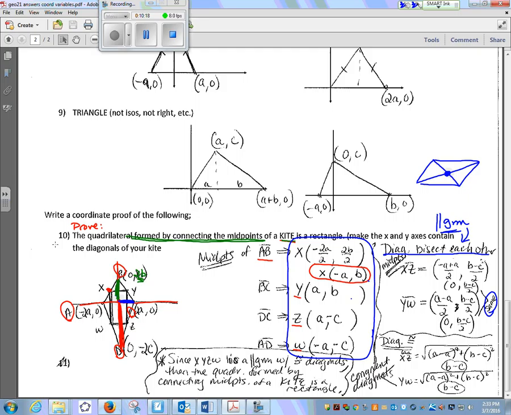So we establish it's a parallelogram, then we can show that the diagonals are congruent. That would require distance formula 2 times. Diagonals are congruent. Turns out they are. And then we're ready to make our conclusion. Since it's a parallelogram with diagonals the same length, then the quadrilateral that is formed is a rectangle. Okay, so that's what a coordinate proof is all about.